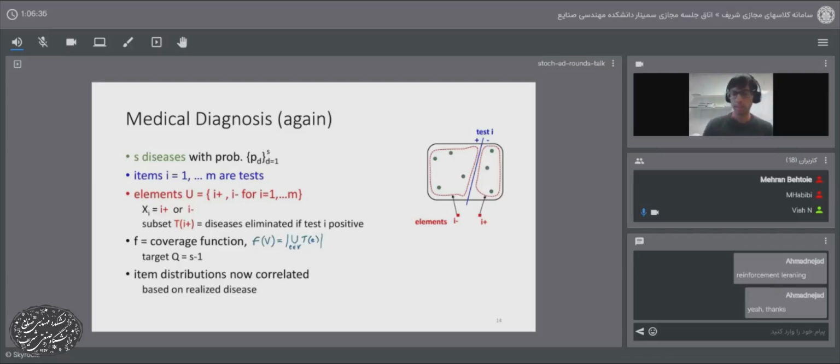So we can no longer say that the outcome of test 1 and outcome of test 2 are going to be independent because they are both correlated completely, in fact, by the realized disease. So we do have random test outcomes, but there are correlations across items. So this medical diagnosis problem can be formulated again as a special case of stochastic submodular cover, but with correlated distributions.